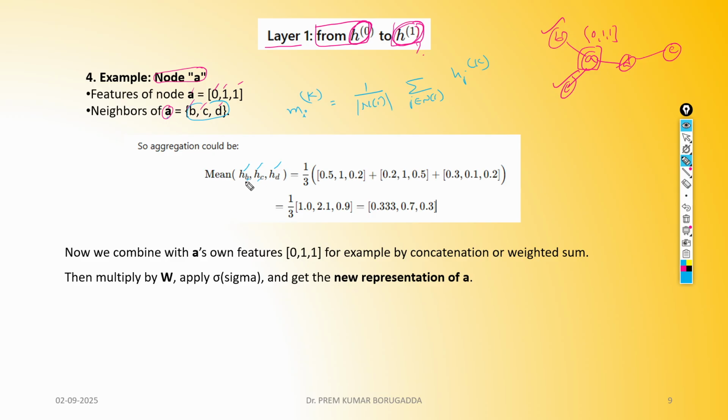Here, how many neighbors are there? 3 neighbors. So that is 1 by 3. And k is 0, so the formula becomes 1 by 3 times h_B of 0 plus h_C of 0 plus h_D of 0. That is 3 because the number of neighbors is 3: 1, 2, 3.